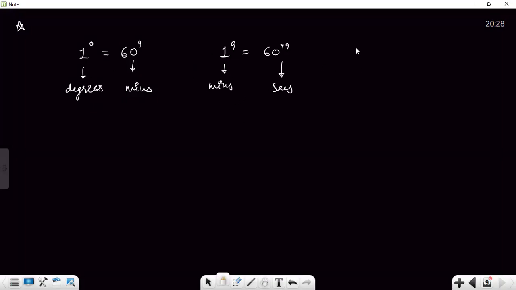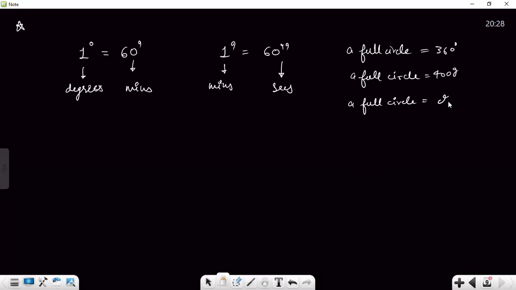In the degree system, a full circle was 360 degrees. In the French system, centesimal system, a full circle is 400 grades. In the radian system, a full circle is 2 pi radian.